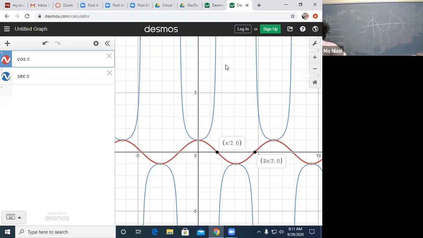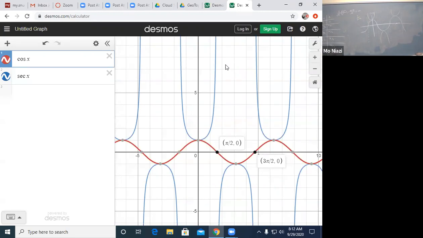And then when you multiply by reciprocals, then you get a 2. Right? Then what is the secant of pi over 2? It's the same thing as 1 in the numerator over the cosine of pi over 2. That's going to be in the denominator.